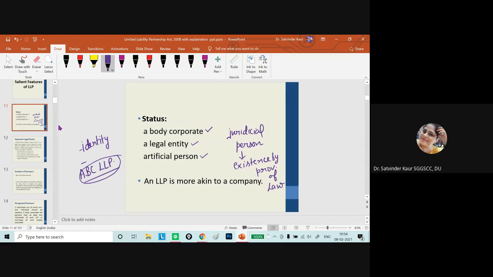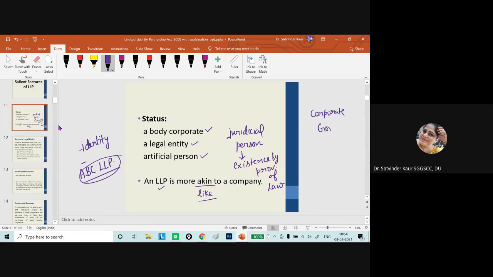So it's more akin to a company, more like a company. It's not exactly a company, because a company requires more registration formalities or more rigid procedures and restrictions as per the Companies Act 2013. In earlier times the Companies Act 1956 was there, and the revised act is 2013, which requires certain provisions of corporate governance as well.